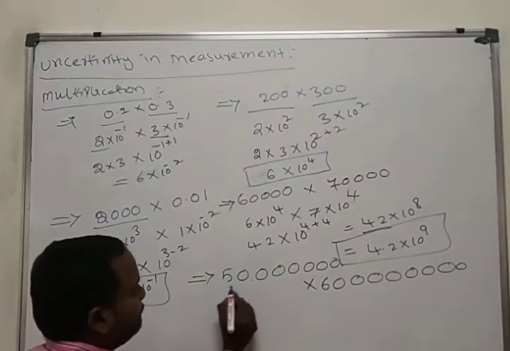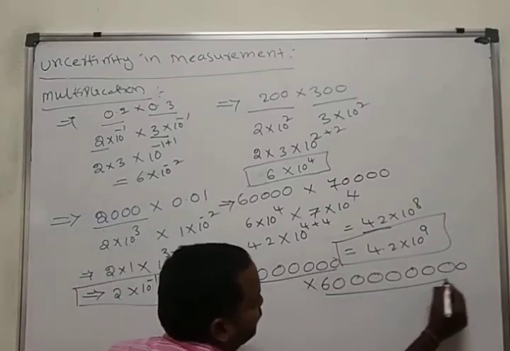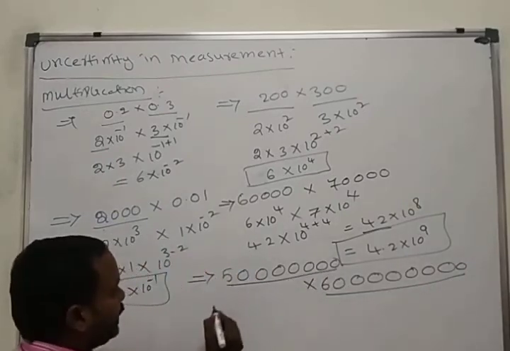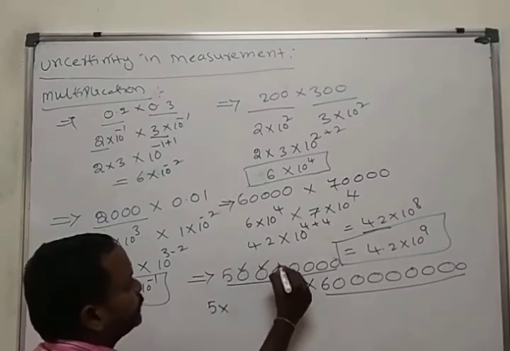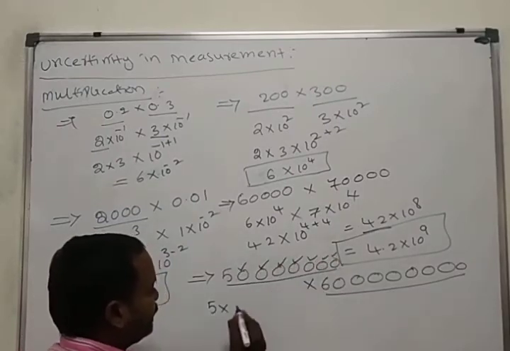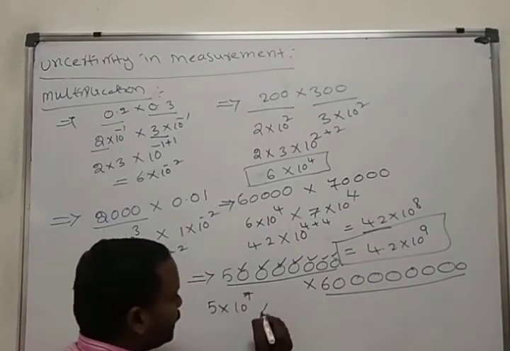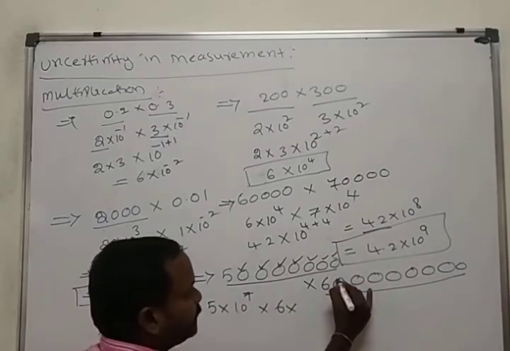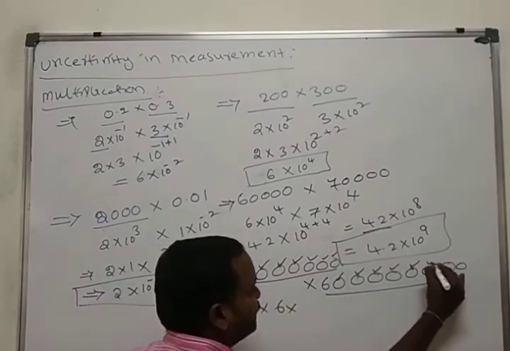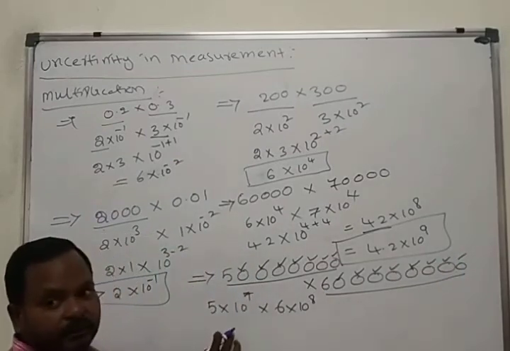Write the scientific notation of this one. 5 into how many zeros? 1, 2, 3, 4, 5, 6, 7. 10 to the power of 7. Here into 6 into how many zeros? 1, 2, 3, 4, 5, 6, 7, 8. 10 to the power of 8. Visible on this one?